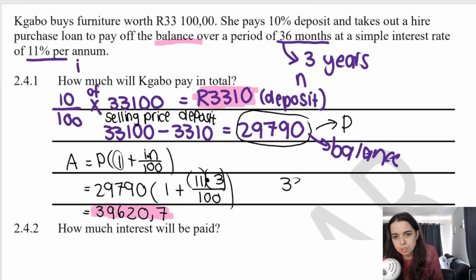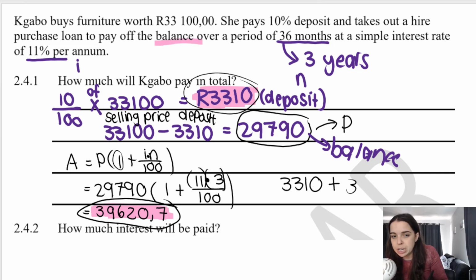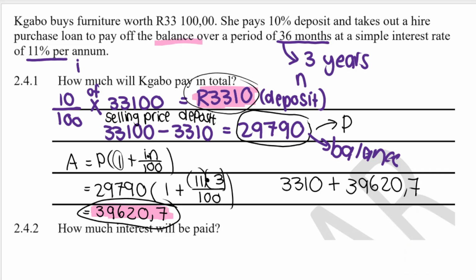That was 3310 in the beginning. That's that amount over there. And then as the 3 years was going on, 36 months, we had to pay back this amount, which includes interest, which is 39620.7.